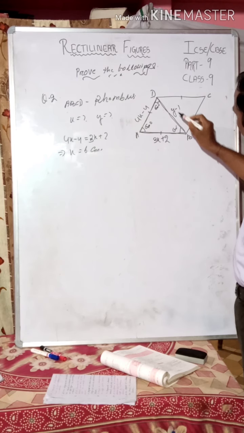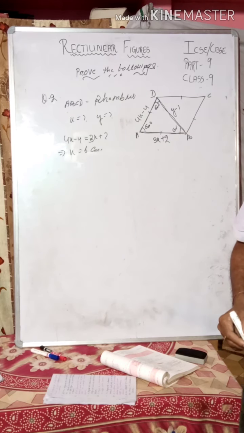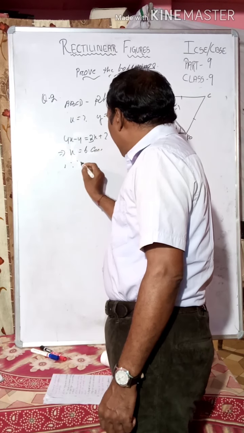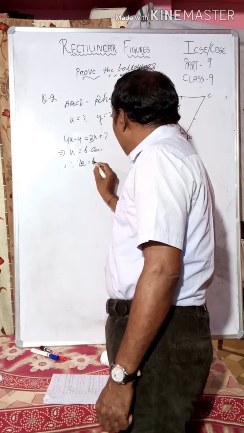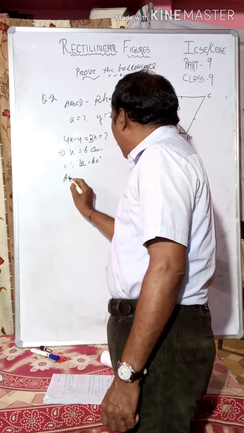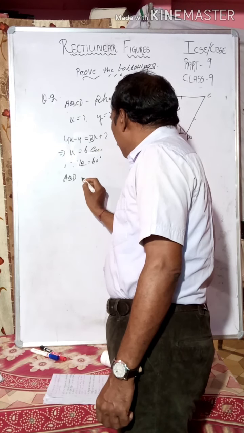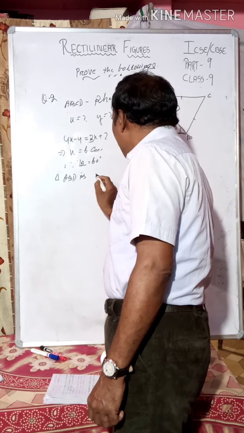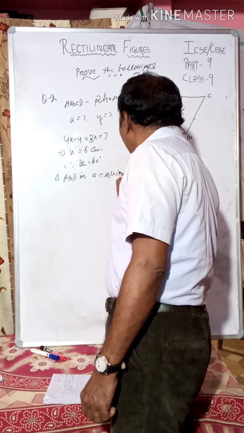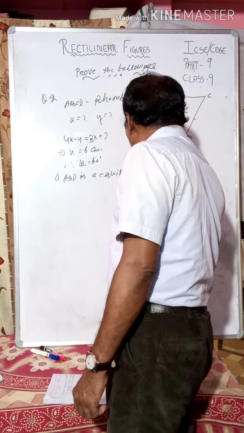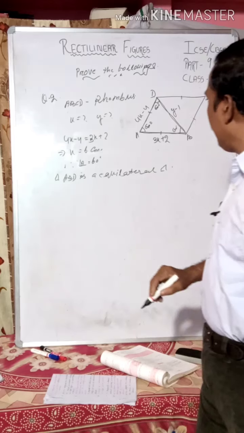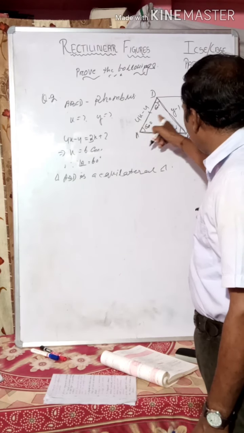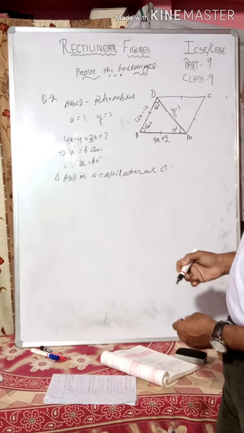So ABD is an equilateral triangle, so all sides are equal. Either this is equal to this or this is equal to this, whatever it may be.